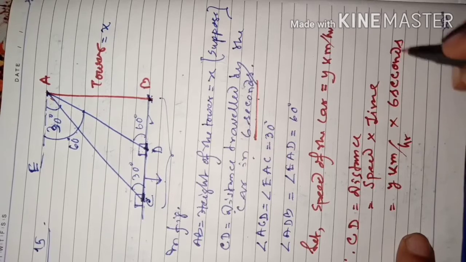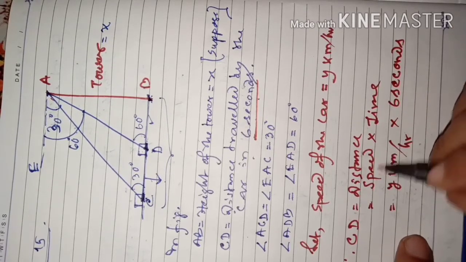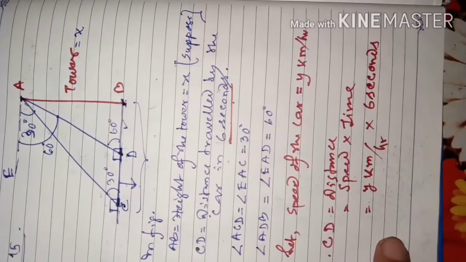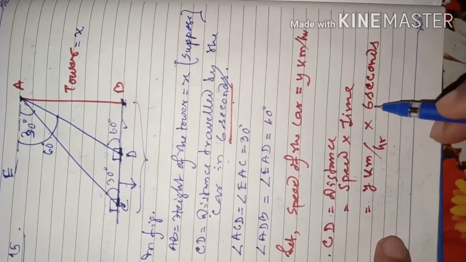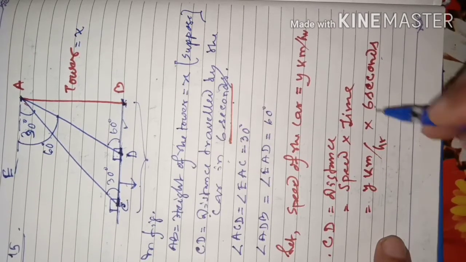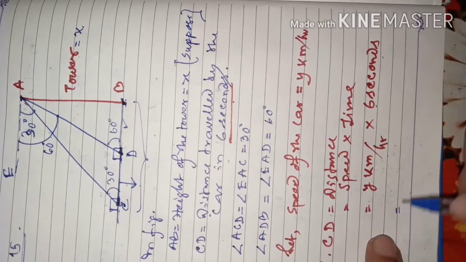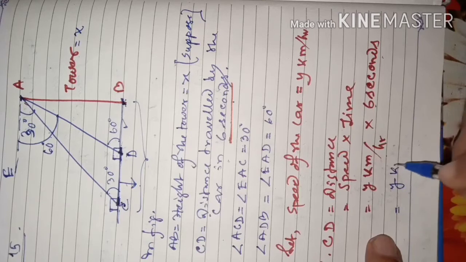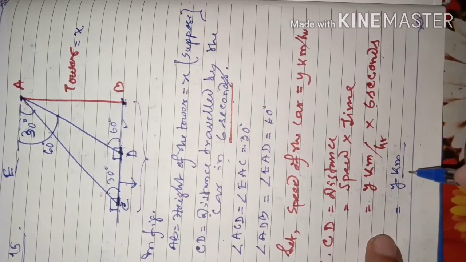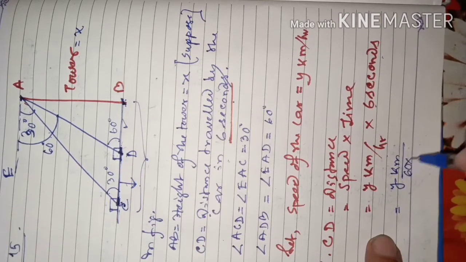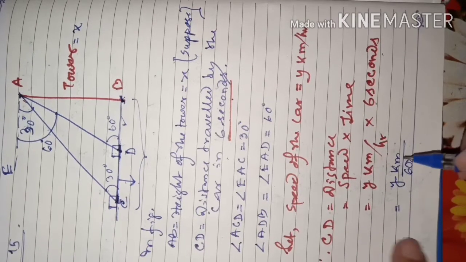In physics you have learned this formula, that is speed into time is distance. So y kilometer per hour into 6 seconds, but it is in second and it is in hour, so it is not matching, no? We will write kilometer per hour as kilometer per 60 into 60 seconds, because 1 hour is 60 minutes and in 1 minute 60 seconds.